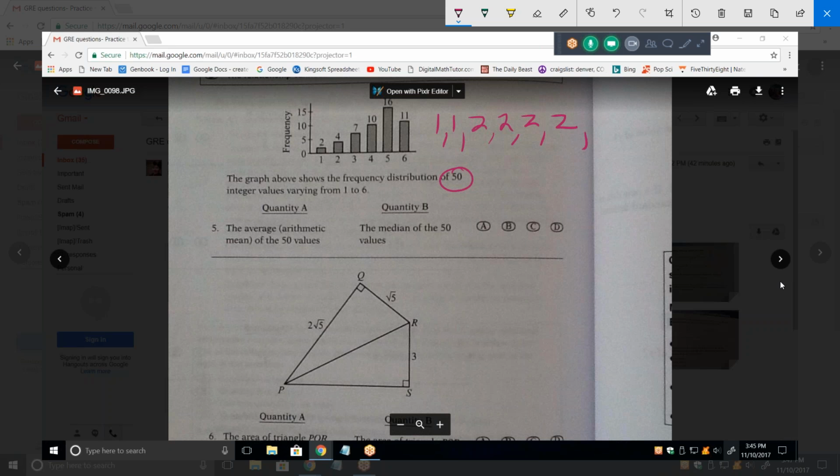But I know that the arithmetic mean is the average of these 50 numbers that I would draw out. And the last part of it, if I put dot, dot, dot, I've got 11 sixes.